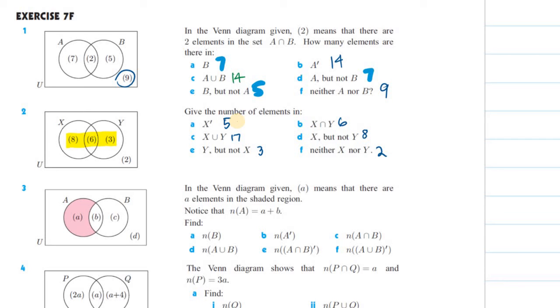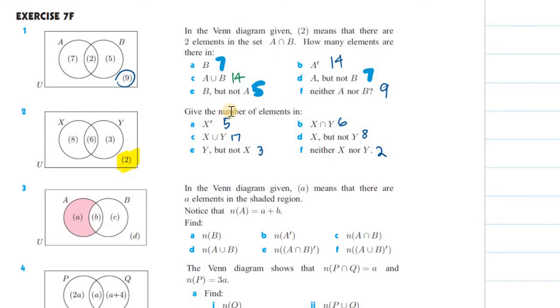So that's those things. For part D, X but not Y, that's just the moon of X. For part E, Y but not X, that's just the moon of Y. And for neither X nor Y, we're talking about the parts outside of the 2 circles.